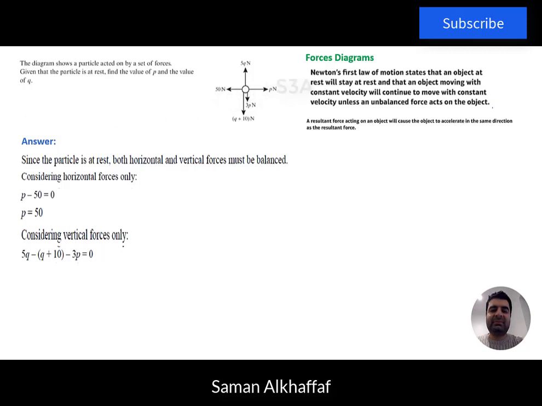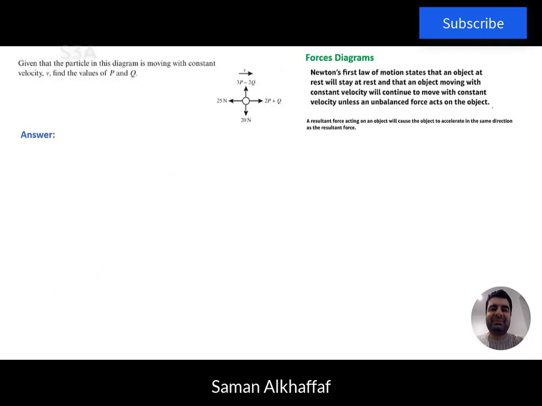So now we rearrange this expression to 4Q minus 10 minus 3 multiplied by 50, as we found P in the previous step, and so we subbed P into the expression, and as we simplify, 4Q equals 160. So now we divide, Q equals 160 divided by 4, and that will give us Q to be equivalent to 40. So the value of P is 50, and the value of Q is 40. This will be our answer.